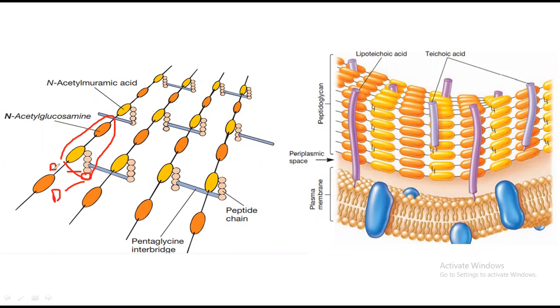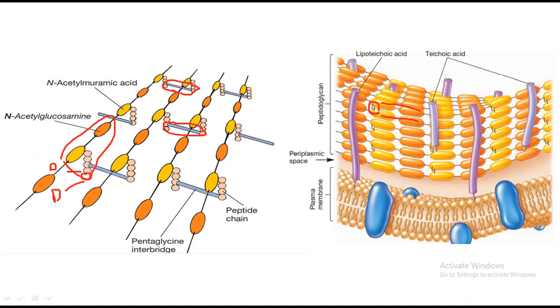Now just look here, if we are having this structure, look at these bonds. These are known as the pentaglycine interbridge. And these are very much important because these bonds bind the layers of the peptidoglycan layer to each other. Just suppose this is the first layer, this is the second layer, so these two layers are bound to each other. Just look here at the curve.